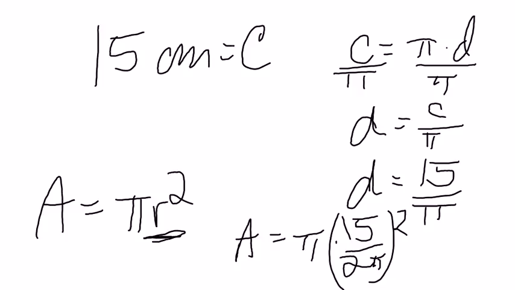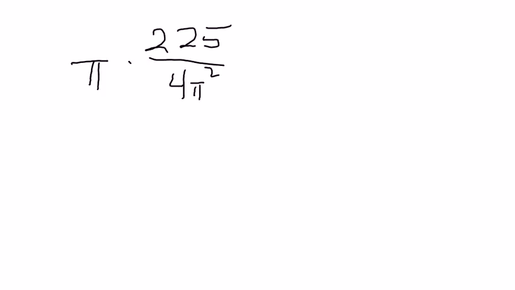So pi times the radius squared is pi times 15 over 2 pi squared. We can rewrite that as pi times 15 squared, which is 225, over 2 pi quantity squared, which is 4 pi squared.